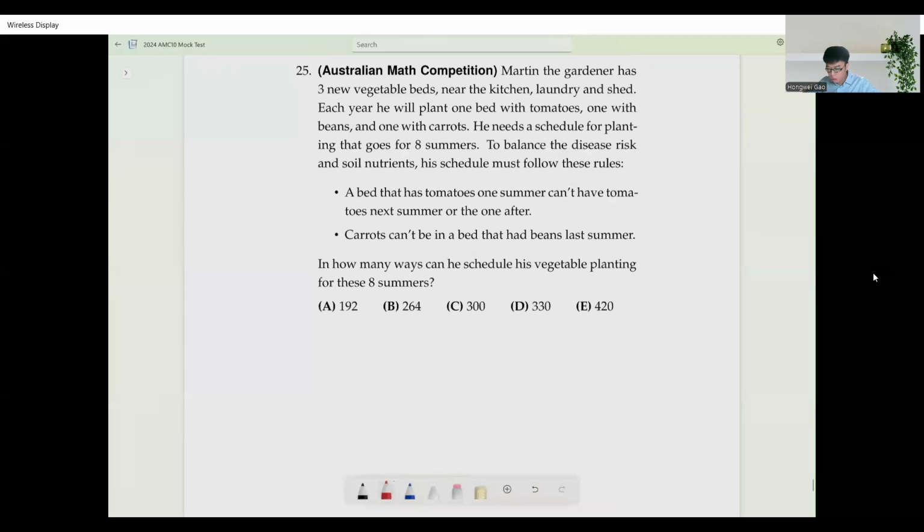Question 25. In this problem, there are 3 different vegetables to be planted in 3 different vegetable beds for 8 years based on some requirements. For simplicity, let's denote tomatoes to be 1, beans to be 2, and carrots to be 3.